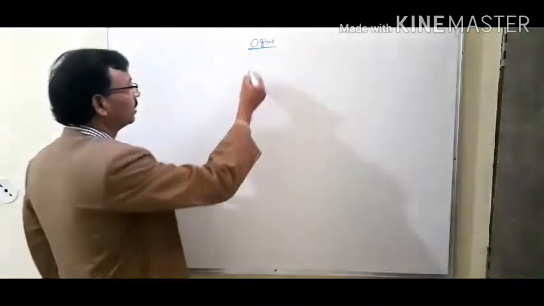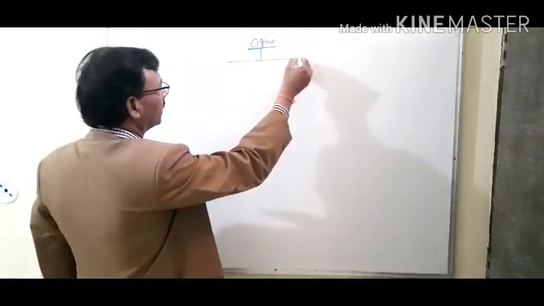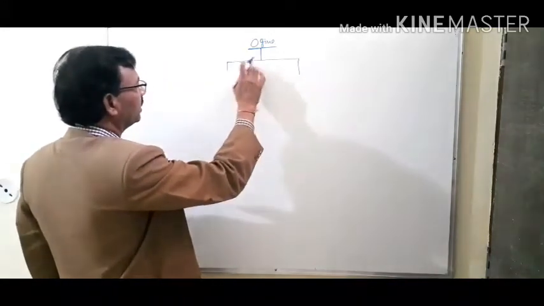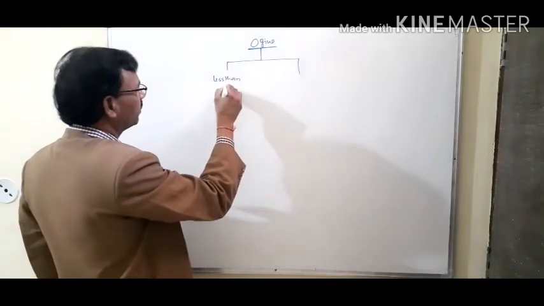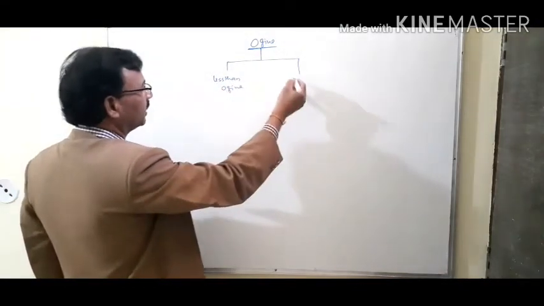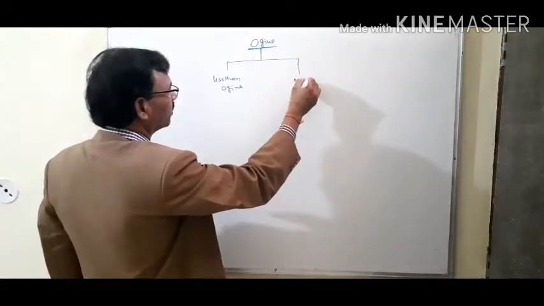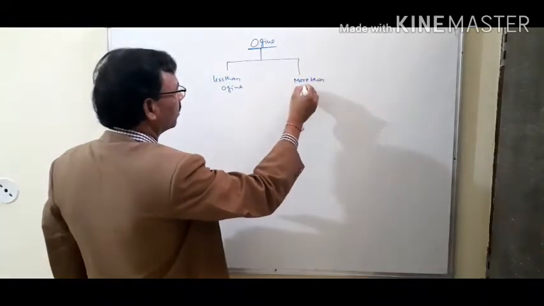There are two types of ogive. First is the less than ogive, and second is the more than ogive.